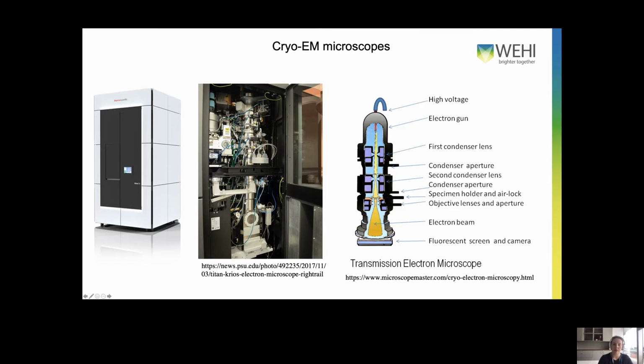All the microscopes have the electron gun where the electrons come from at the very top. Then they have a set of lenses and apertures. Then there's a place to put your sample, the specimen holder, followed by more lenses and more apertures. And then at the end, there's the fluorescent screen or camera.